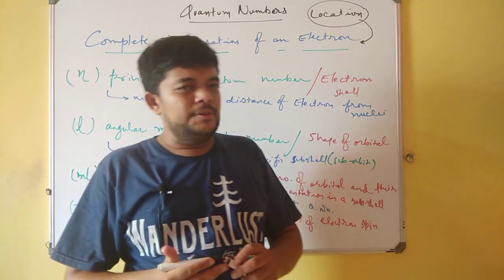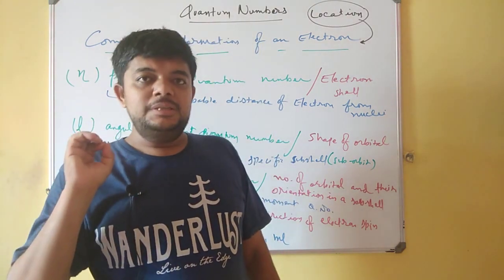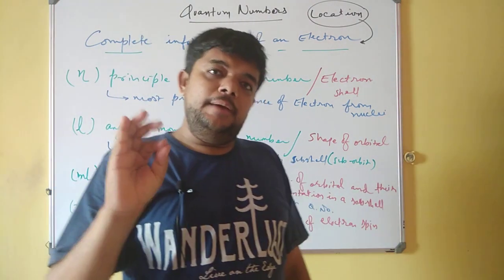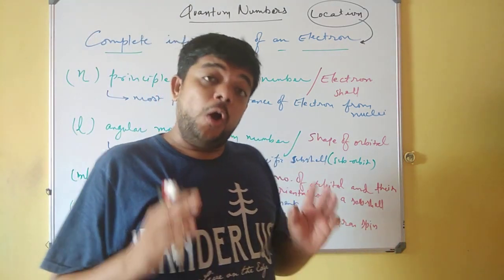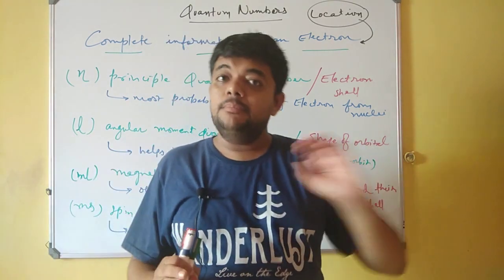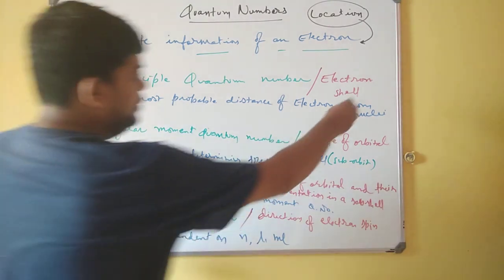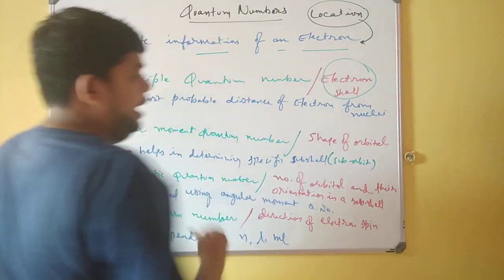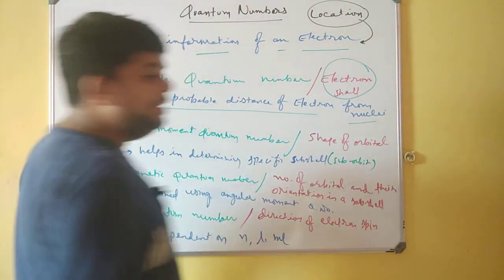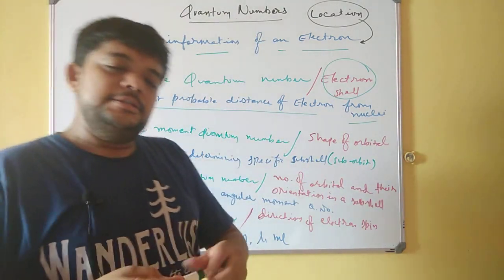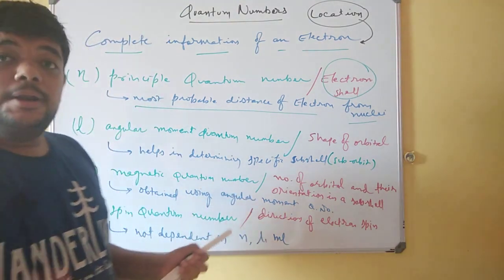So first of all, just for the purpose of revision, let us revise N, L, Ml and Ms. The N value, also called the principal quantum number, always indicates the electron shell, and the most probable distance of an electron from the nucleus can be predicted just by knowing the value of the principal quantum number.